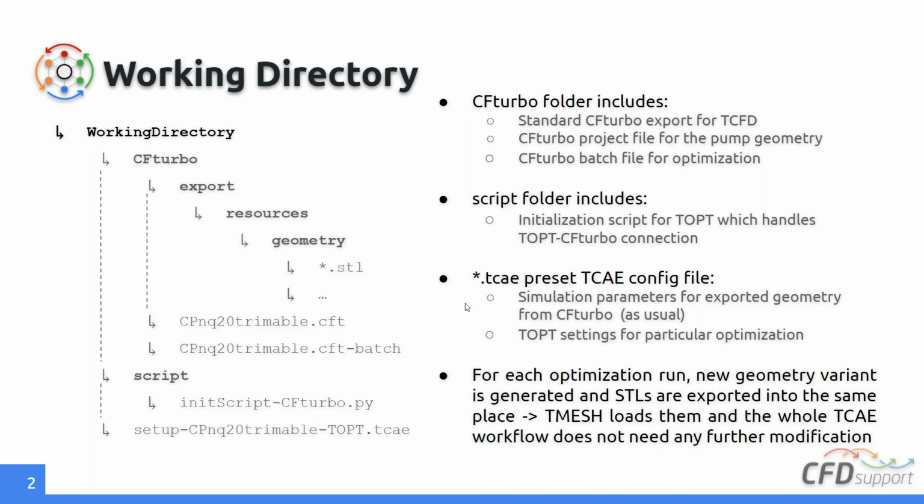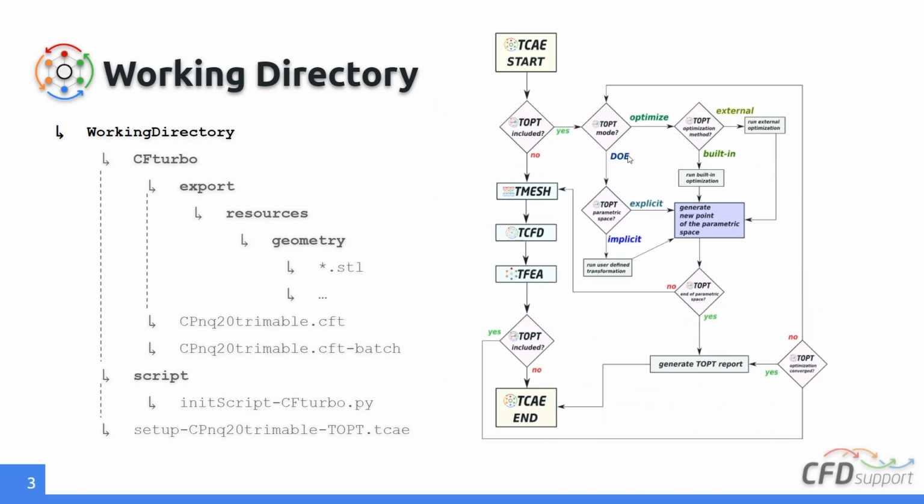We run CFturbo, which generates the new geometry variants and exports the STLs, and then we can run the standard TCAE workflow, like running tmesh, TCFD, and post-processing the results, and then the optimization loop continues until some convergence is reached.